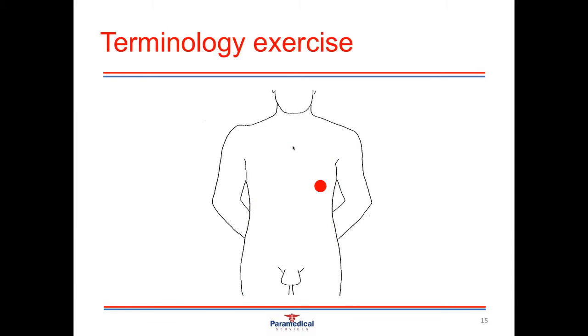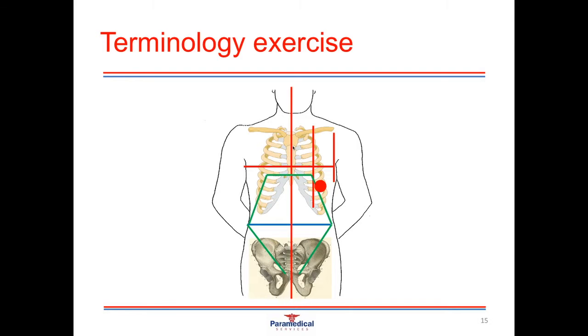Our next location over here, we'll get up our lines again to help us identify exactly where that is. Having a look at this location, left or right-hand side of the chest? It's still on the chest, so we're going to be using our chest lines to describe where this location is. What line is it closest to? It's closest to the midclavicular line again.